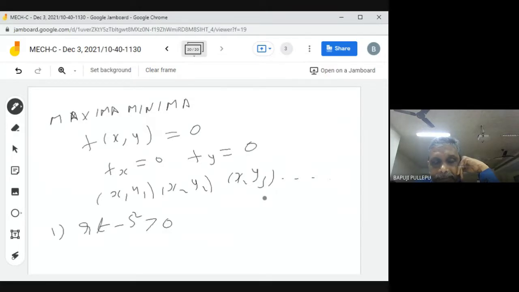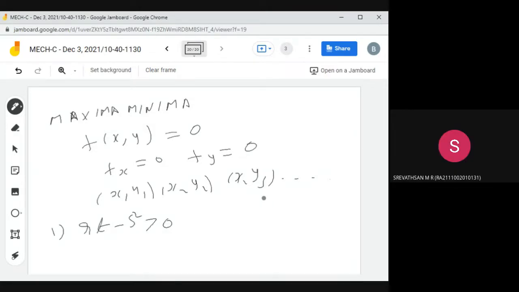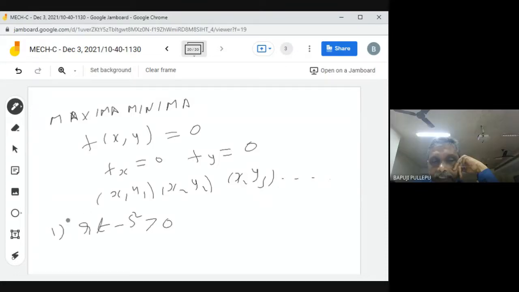Clear or not? First you check rt minus s square. Suppose rt minus s square is greater than 0. Here rt minus s square means fxx into fyy minus fxy whole square.